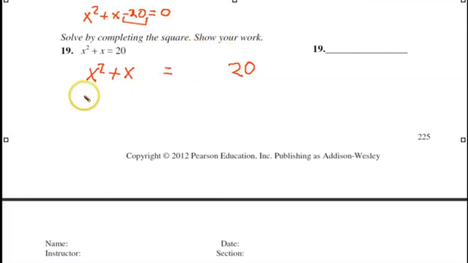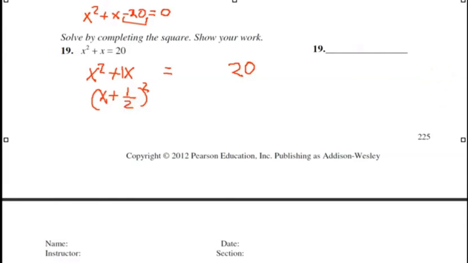and watch the changing of signs. Then you're going to put a little parenthesis like so, and you're going to put your x there. This is a plus. Now, your b term is 1. What is half of 1? Or divide 1 by 2. Becomes 1/2.